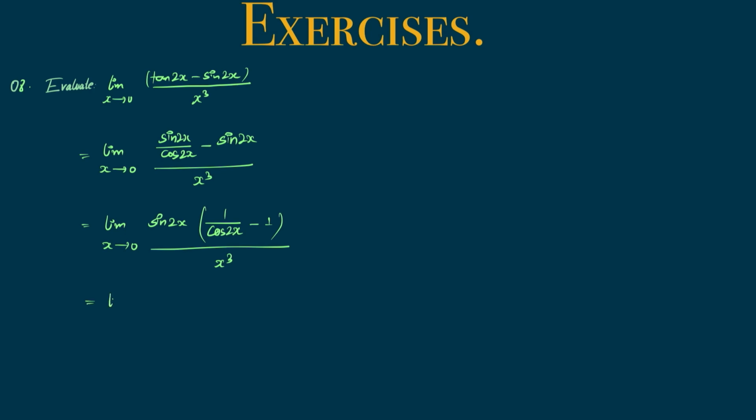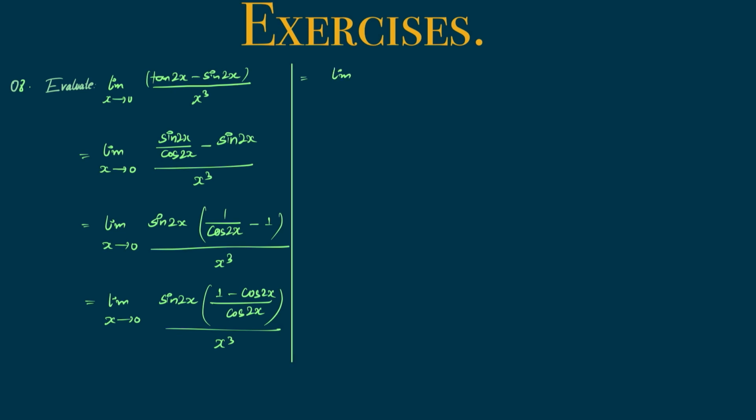So it will be equal to limit x tends to 0 sine 2x, then the LCM will be cos 2x, and in the numerator it will be 1 minus cos 2x, whole divided by x cube.